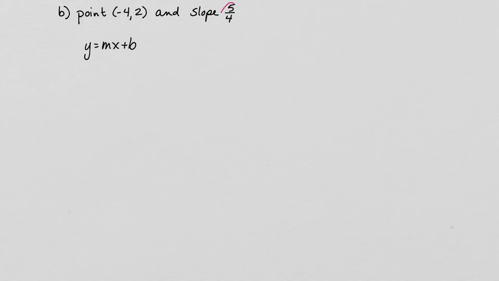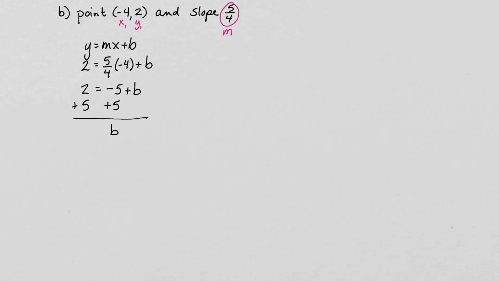In this case, they gave me m, and I'm going to use this x1 and y1 to help me find b. So 2 is equal to 5/4 times -4 plus b. So 2 is equal to -5 plus b. I'm going to add 5 to both sides. So b is equal to 7.